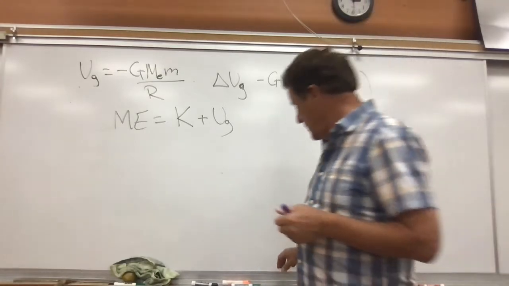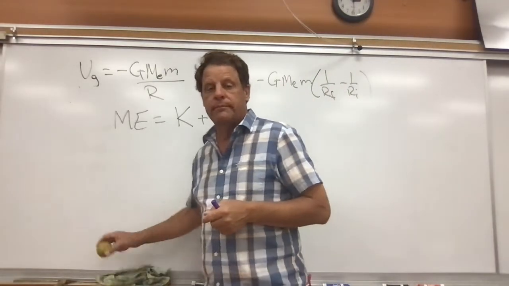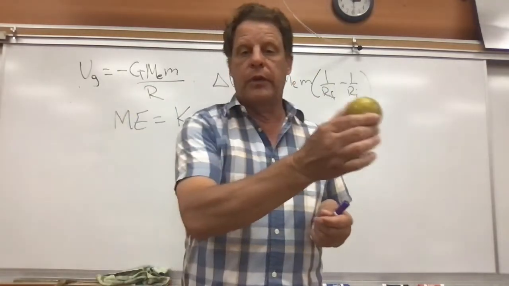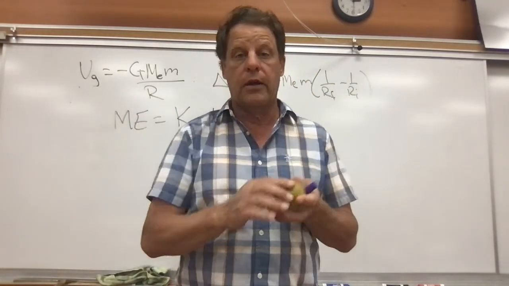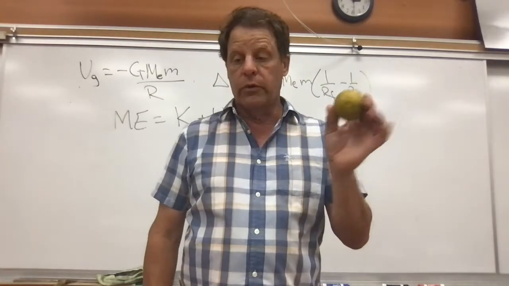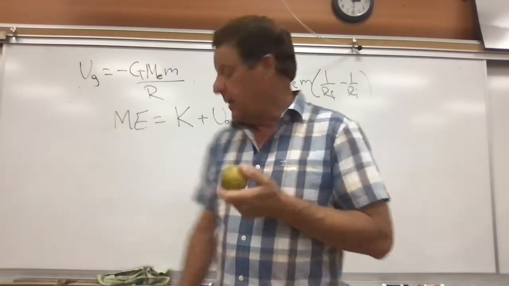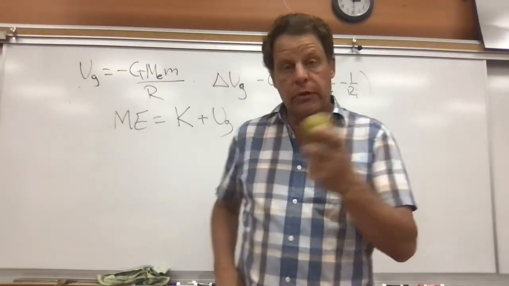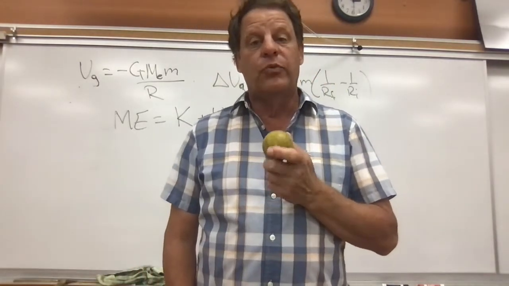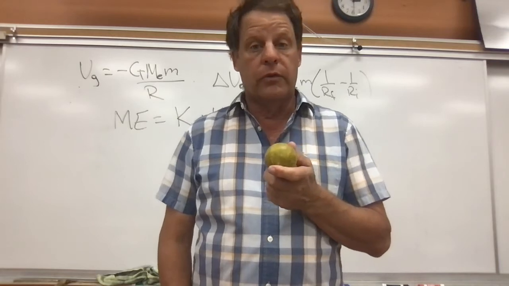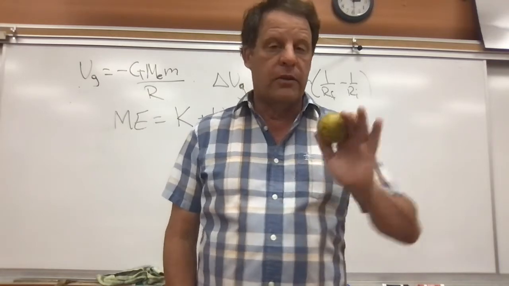So if I take this ball and I throw it through the air, we can say that it goes through a parabolic curve. Now, what we're ignoring when we're going through this parabolic curve is the air resistance. We talked about this earlier in the year.